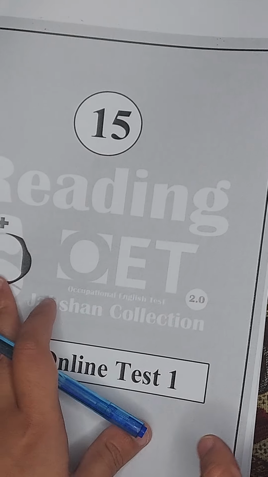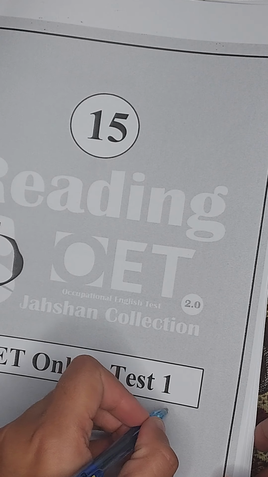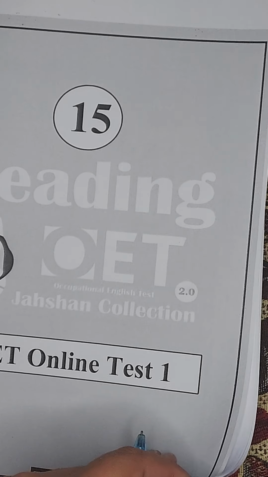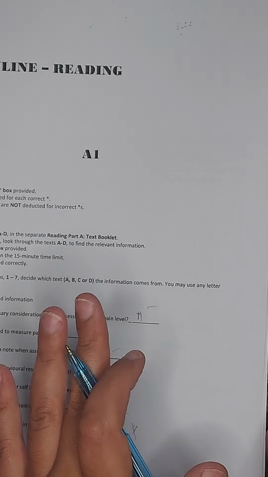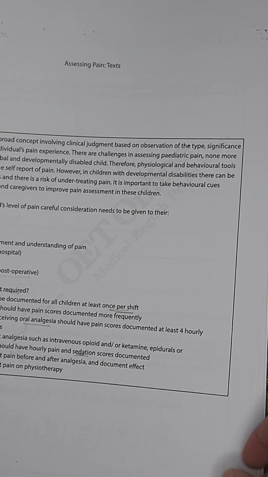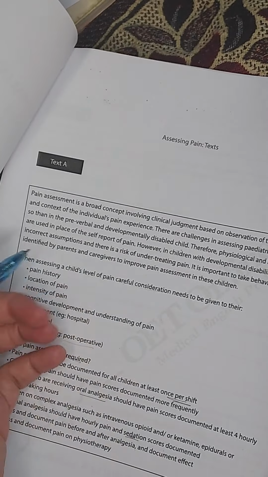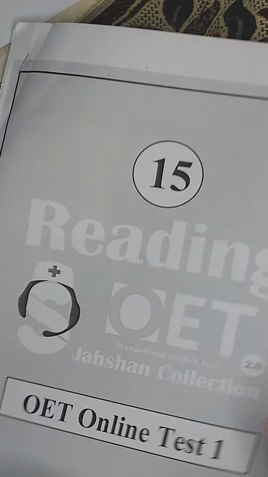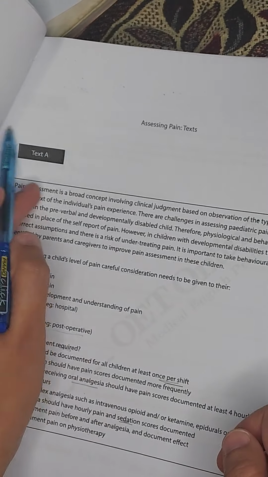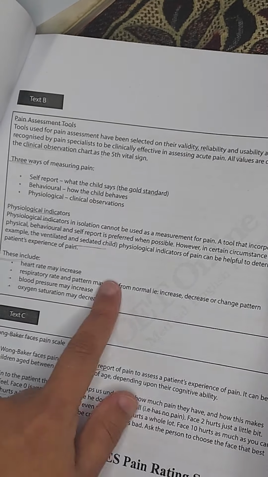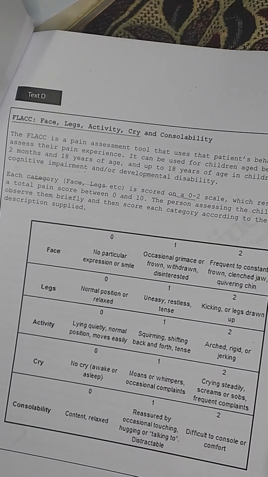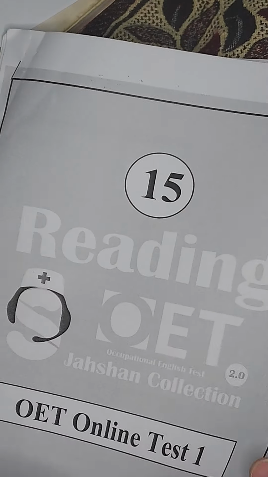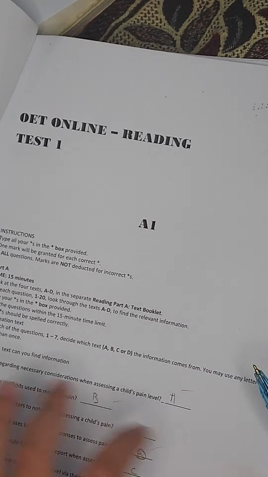In the reading part, you have three parts: reading part A, B, and C. In reading part A, you have four paragraphs, or you can say four texts: text A, B, C, and D. And there are 20 questions for reading part A. What about time?